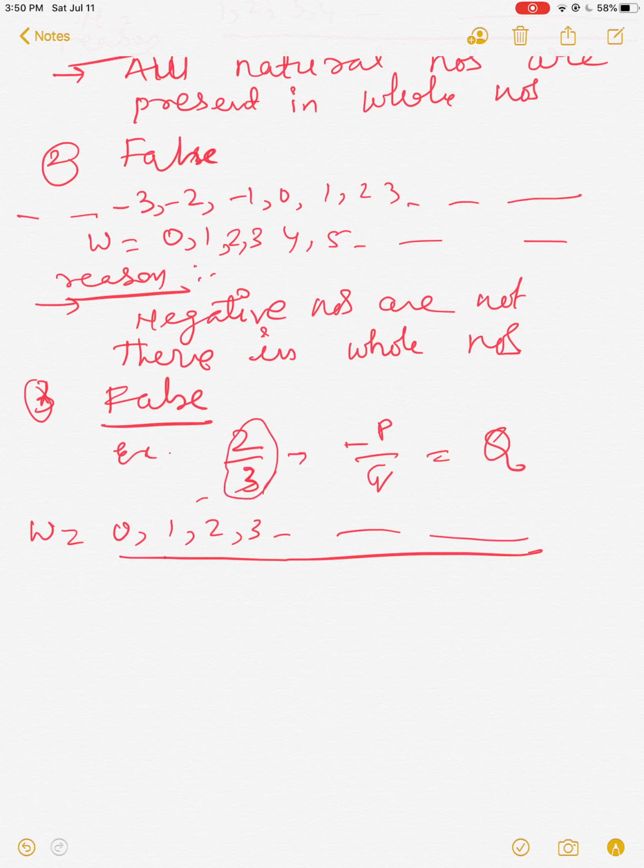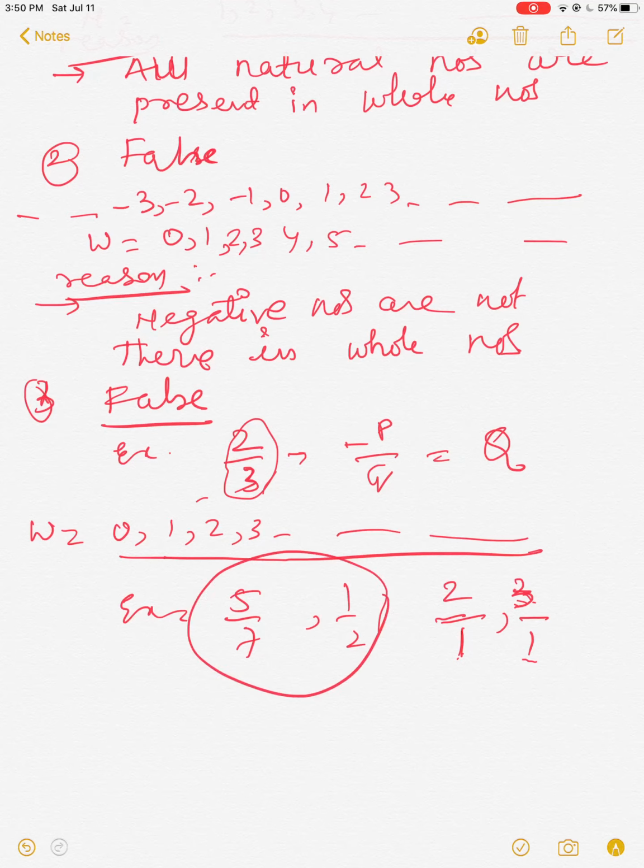Now supposing you take this 2/3. One more example, 5/7, 1/2. They are fractions, they are not whole numbers. But 2 is a whole number, and it is a rational number also by taking one. Then 3 is a rational number by taking one. In both these cases we have represented whole numbers as rational numbers.